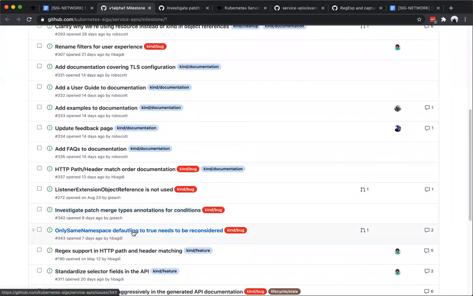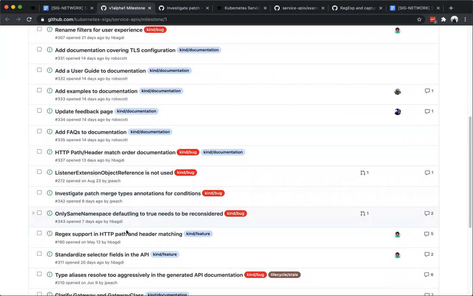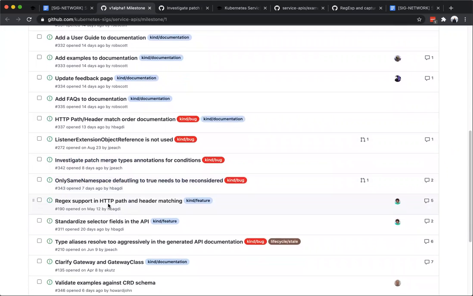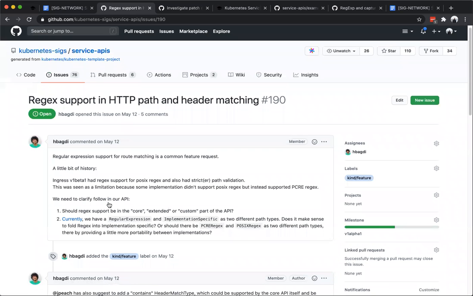All right. So we've gotten this far down. What else have we not covered yet? Harry, this Regex support for path and header matching. Yeah, I think it's a doc update that I have to get around to.